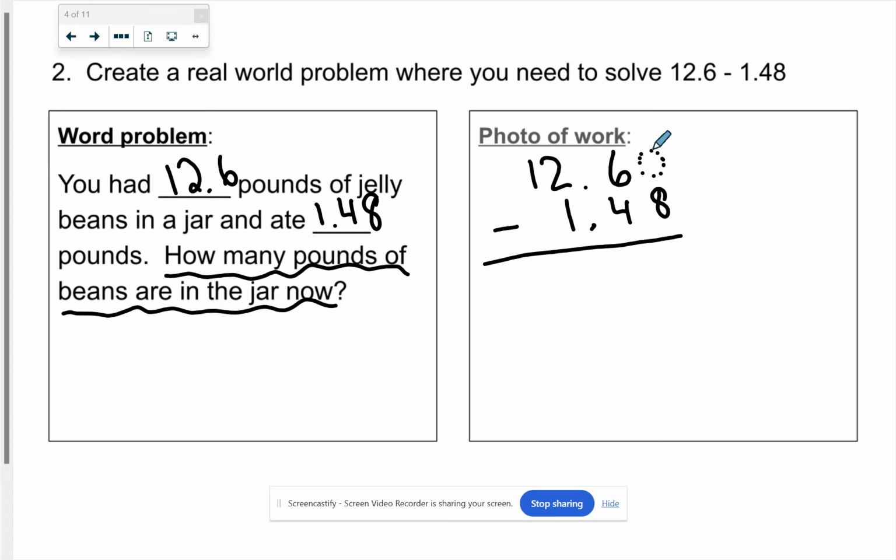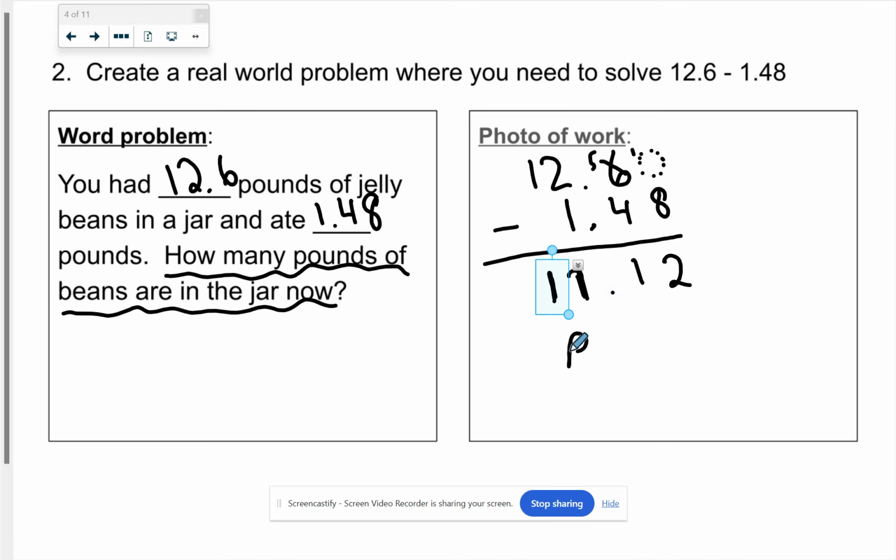Now we're going to start subtracting from right to left. We cannot do 0 minus 8, so we need to borrow from the 6. And then the 0 becomes a 10. 10 minus 8 is now 2. 5 minus 4 is 1. Put our decimal point. 2 minus 1 is 1 again. And 1 minus nothing is 1.